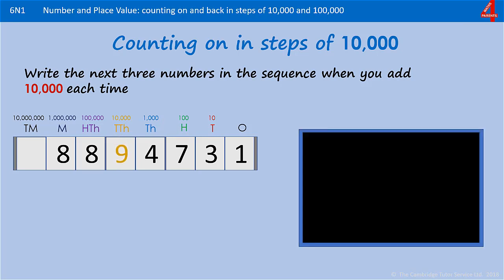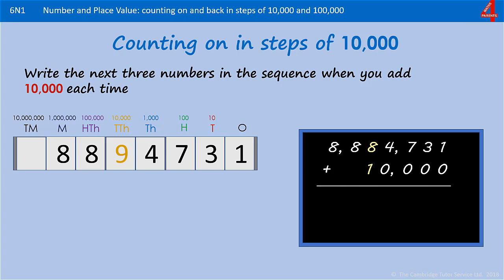For those of you who need help understanding how this works when you're doing a written method, we have the number we started with, 8,884,731, and we add on 10,000, and you can see where those digits are in each column. The 4,731, you can see we're adding nothing to those, so they stay as 4,731.